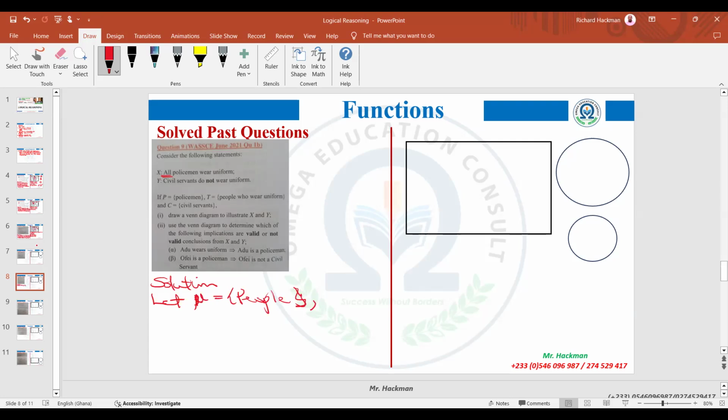Policemen. Is that all? Only one set in the statement: wear uniform. So indirectly I will use policemen and uniform.